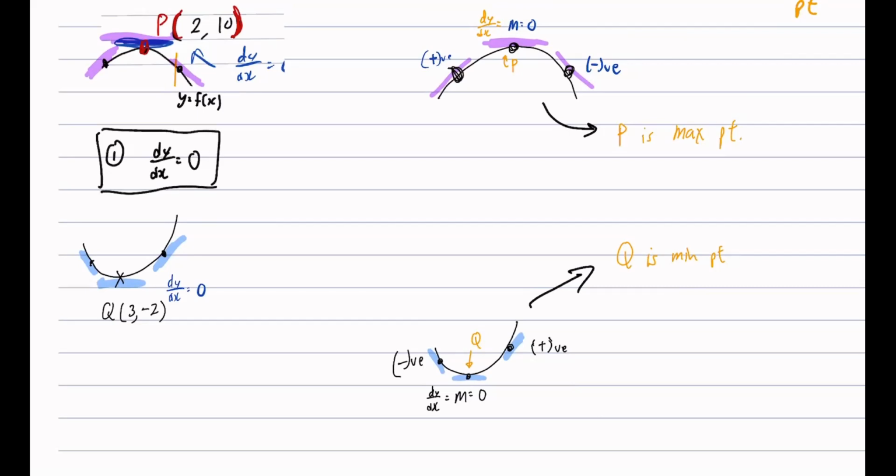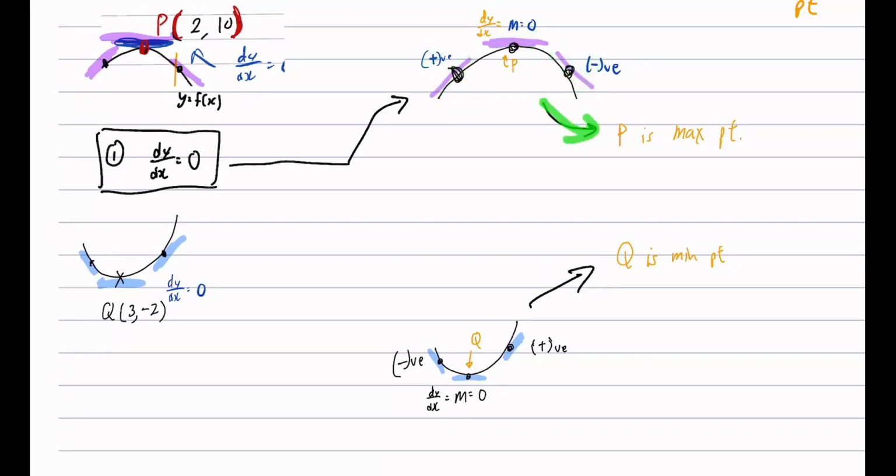There are two paths to proceed to figure out whether it's a maximum or minimum point. First path, you draw the graph, you draw the tangent lines. Or you don't actually draw it. You just care about the sign of the tangent, the positive, 0, negative pattern.